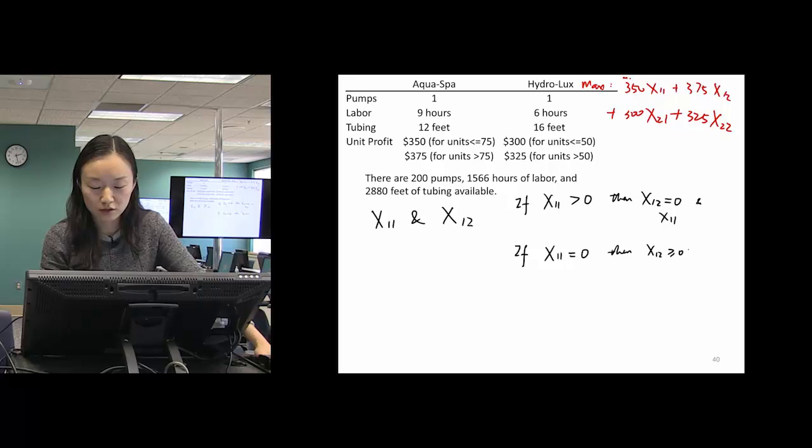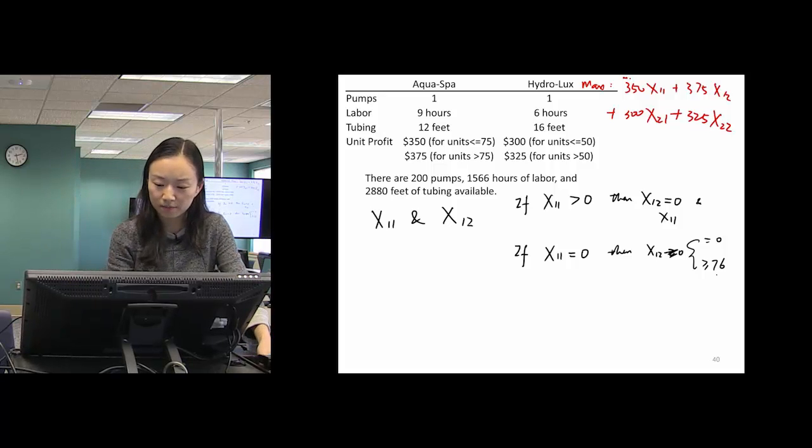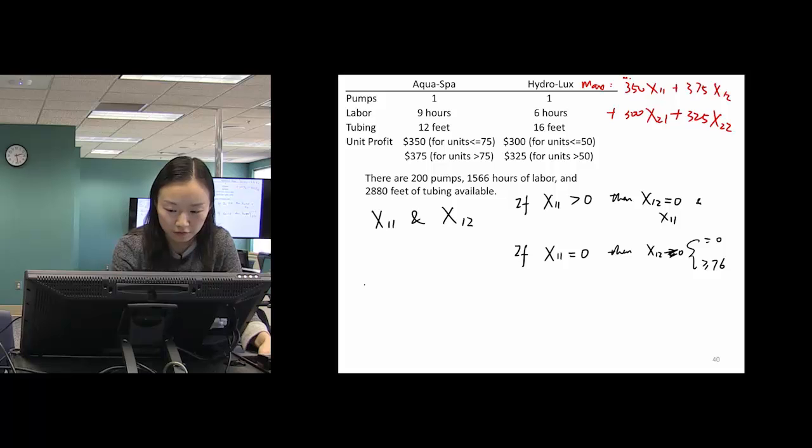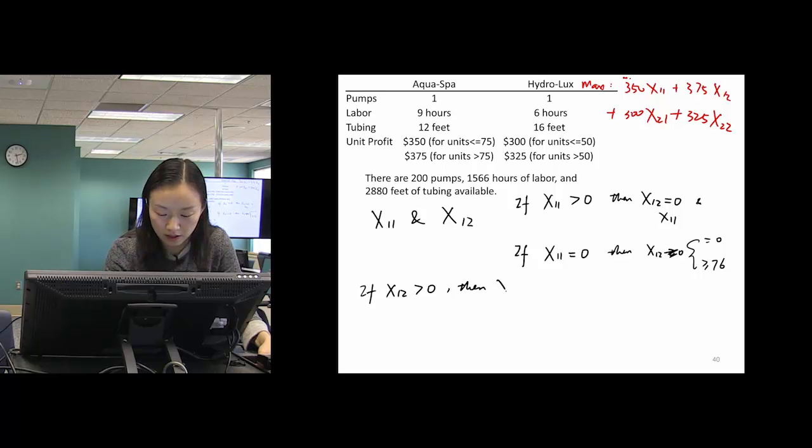So if this is greater than 0, then it can be either 0 or greater than or equal to 76. Or the other way, if x12 is greater than 0, then x11 needs to be equal to 0.